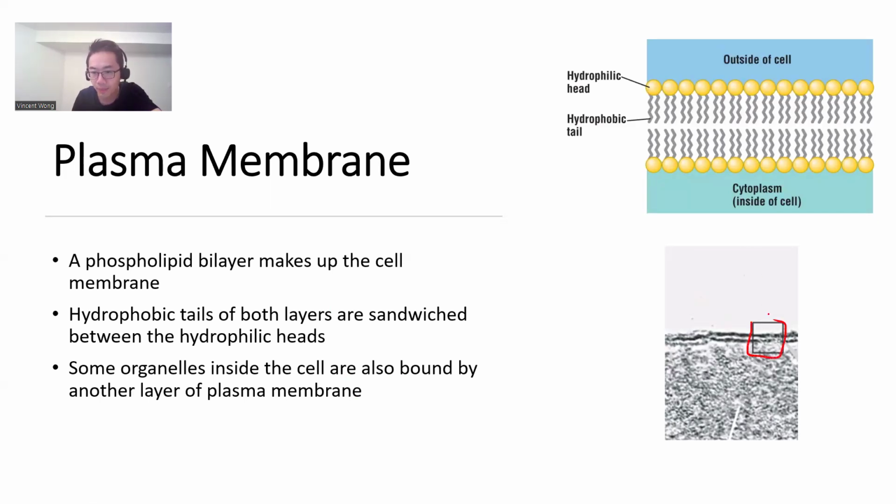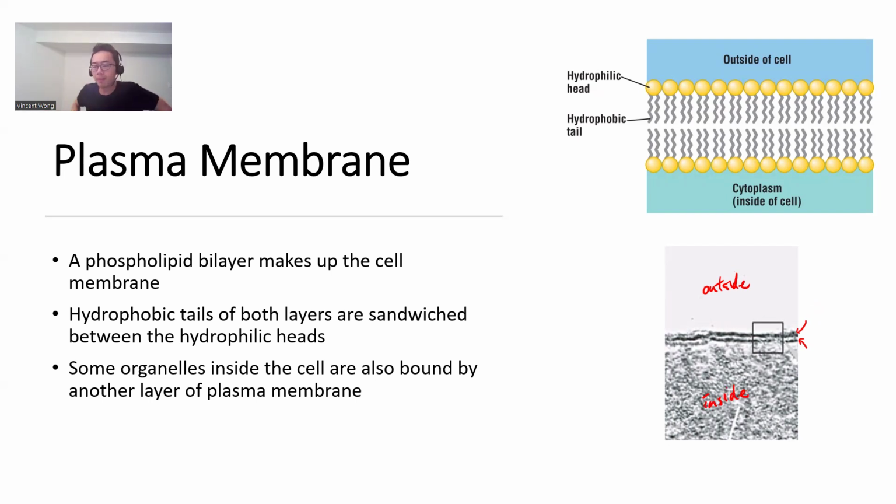Here, you see the two very dark lines. Those are the hydrophilic heads. And then the little white gap in the middle, that's the hydrophobic tail. Okay, so this is outside. This is inside.